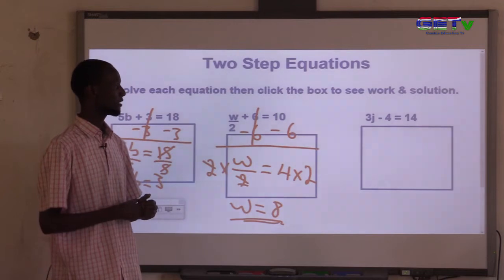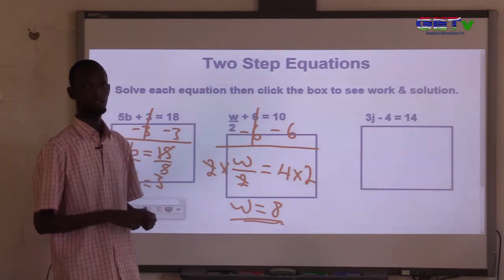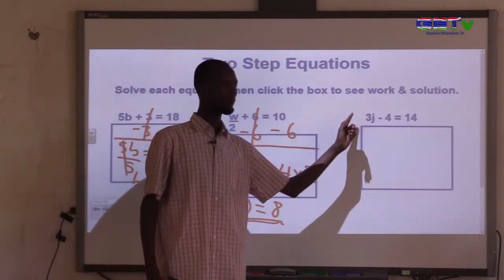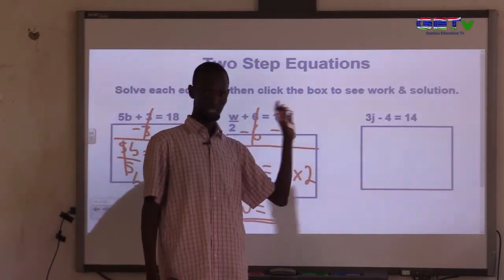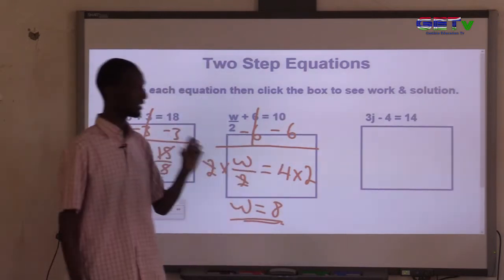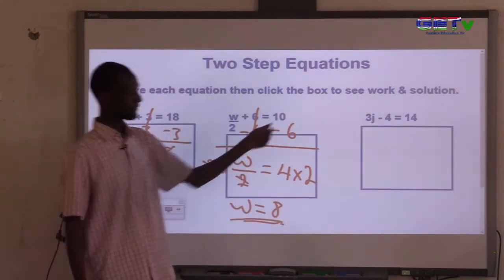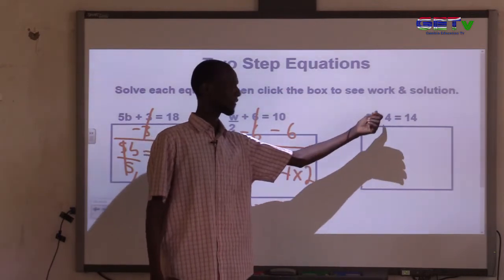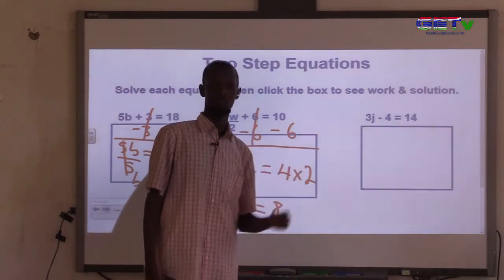3j minus 4 equals 14. Again, on the side where the variable is, that is where our interest is, because we want to isolate the variable. We have 3j, which is 3 times j, that's a multiplication, minus 4, and that is a subtraction.